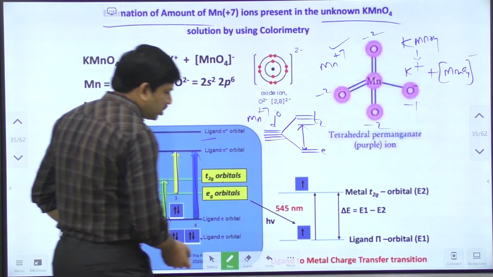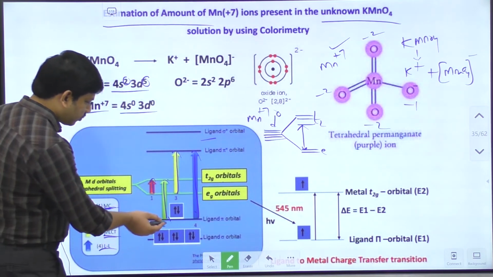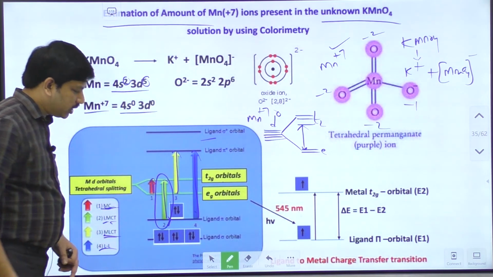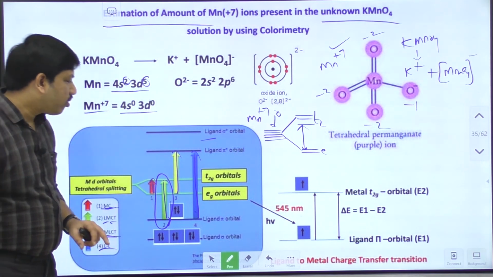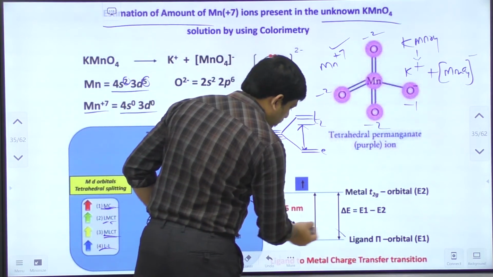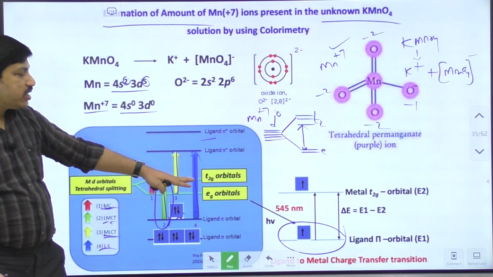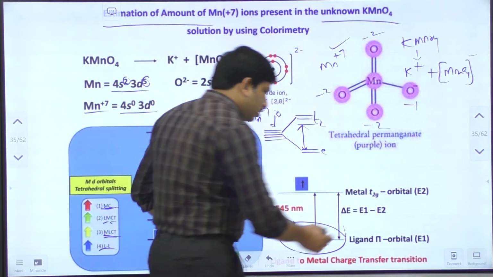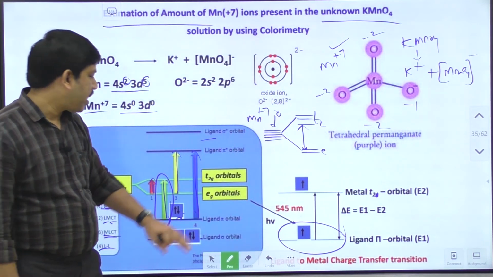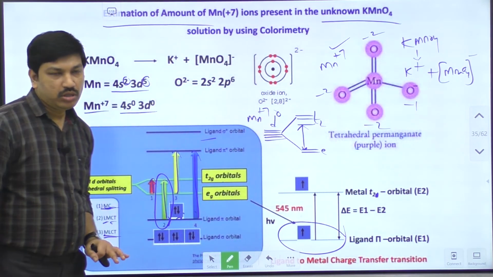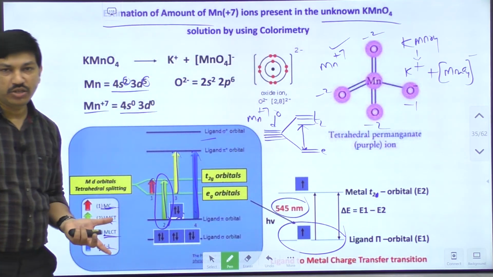But among these, the most intense transition is ligand to metal charge transfer, the second one. Due to this transition, some of the electrons available in the ligand pi orbitals enter into the metal orbitals. This is T2 only, not T2Z, metal orbitals only. This transition requires 445 nanometers energy.